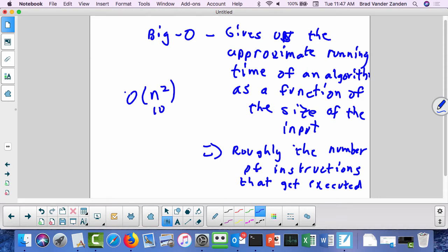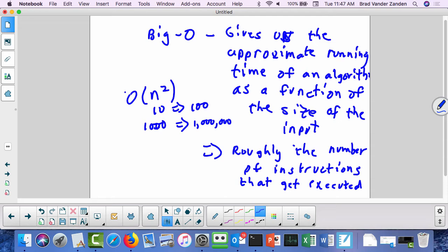If there are 1,000 inputs, then that's roughly 1 million instructions that execute. And you typically only see one factor in the big O. And that is because we only care about the largest term.